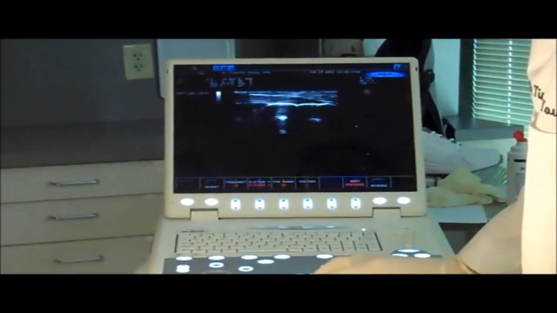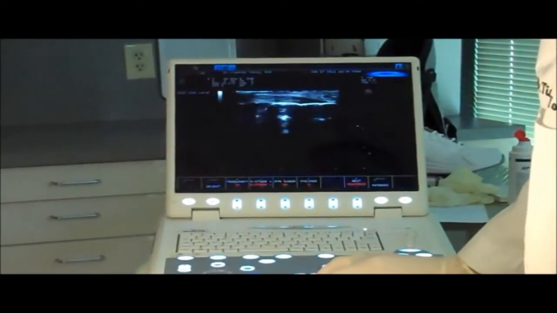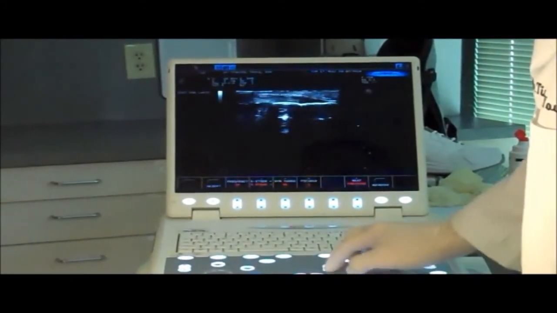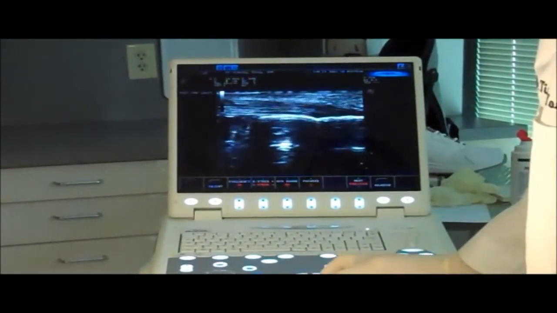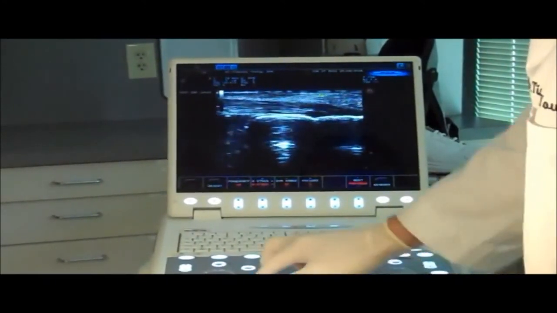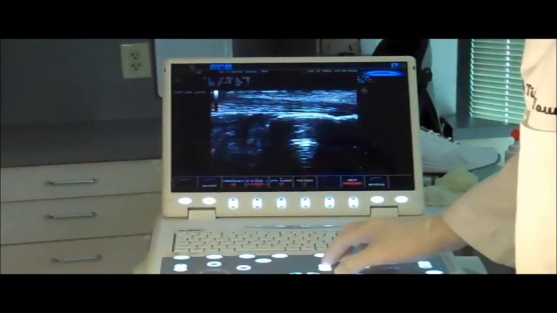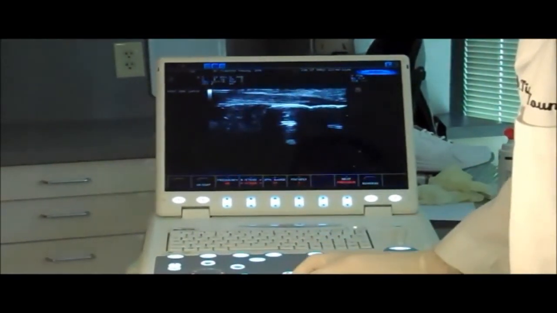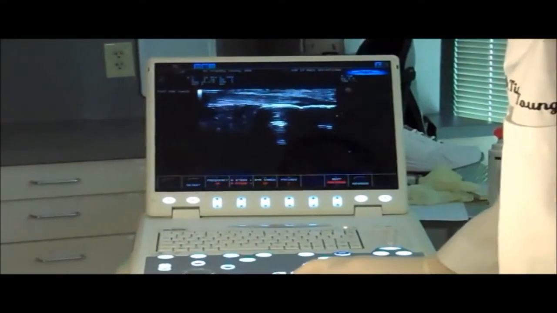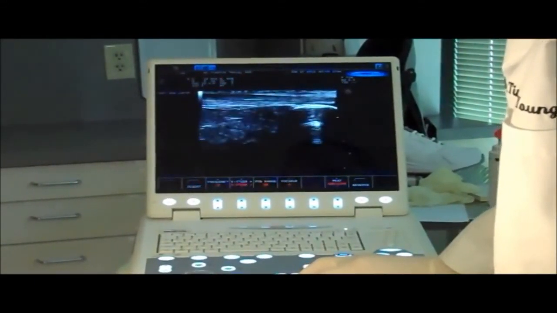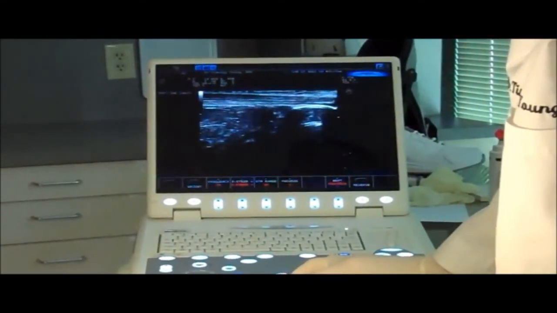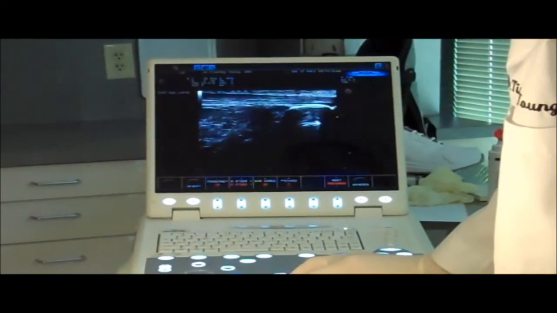This is an area right in here where we can see calcification or spurs within the Achilles tendon. We can make that screen bigger. So these are the fibers of the Achilles tendon. This is the heel bone. And what happens with Achilles tendonitis is this tendon becomes physically thicker. And sometimes you can see little tears within the tendon or swelling within the tendon.